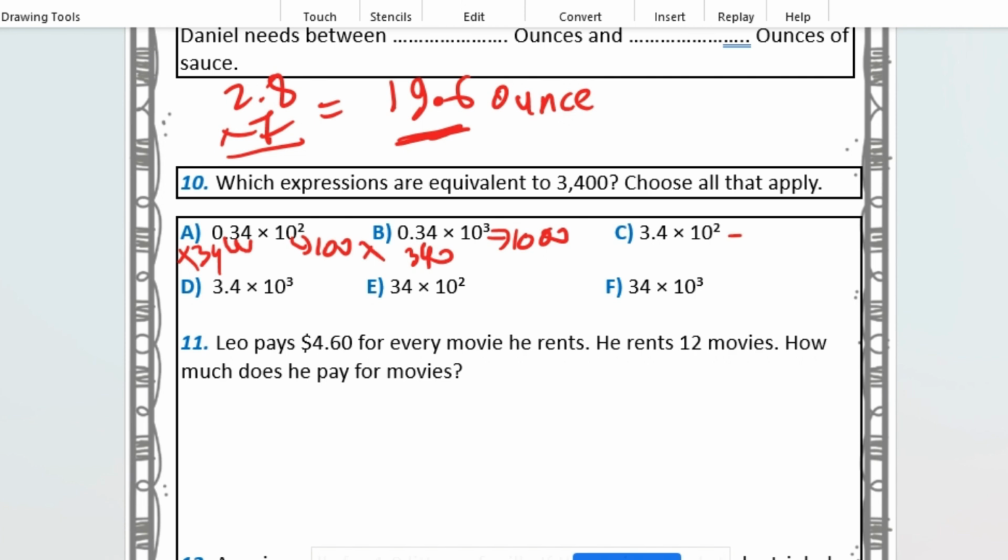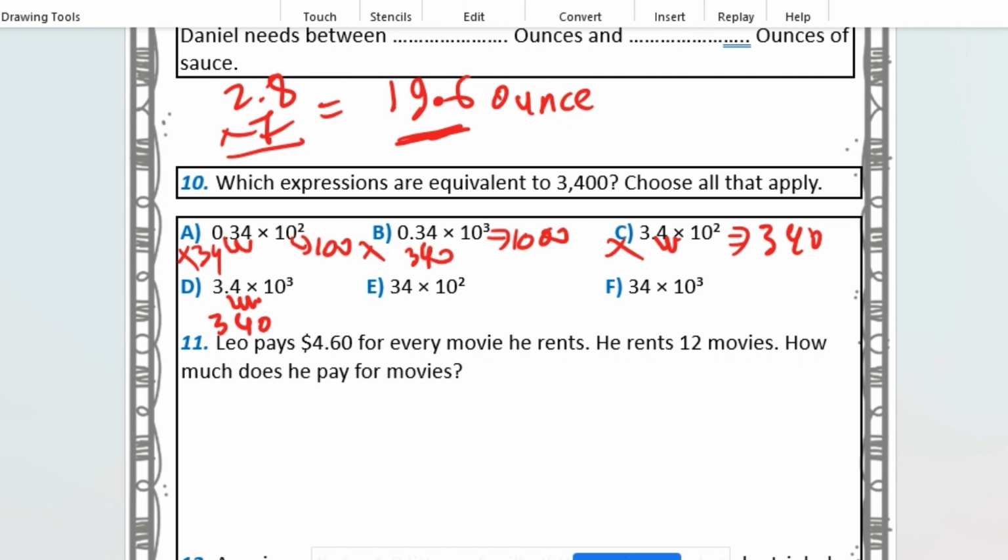Now, this will be 3.4 times 10 to the power of 2. 10 to the power of 2 is 100, so we move 2 steps. So this should be 340, which is also incorrect. Now, here we move how many units? 1, 2, 3.